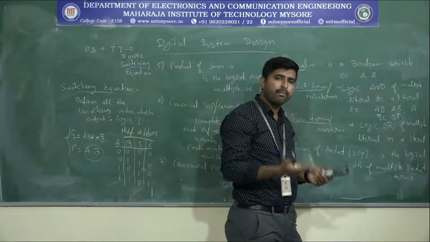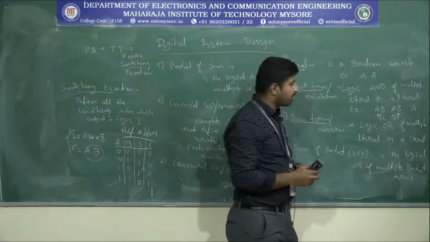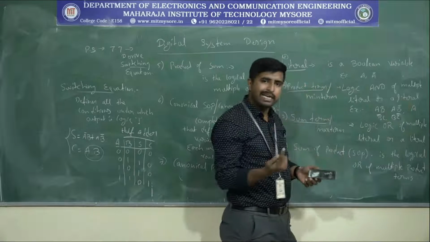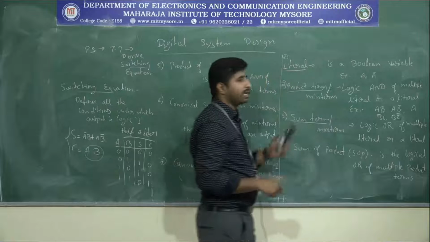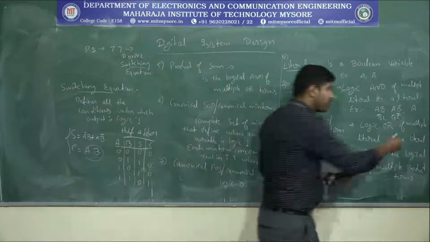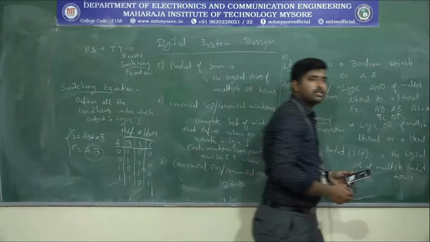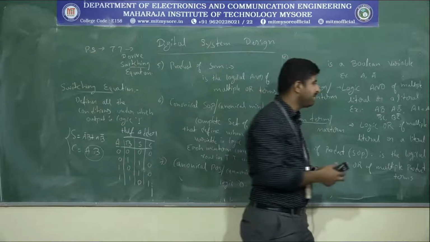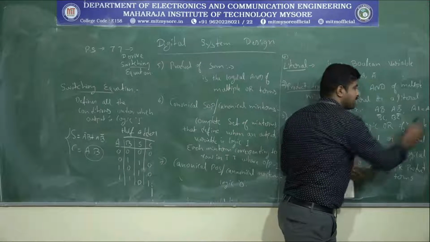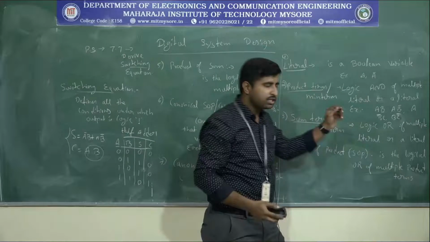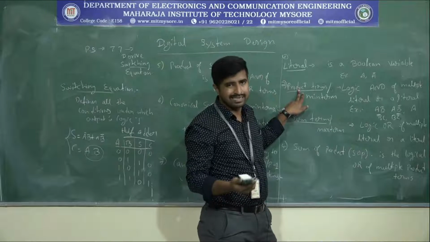It may be in the complement form or the normal form. Even a single literal A can be considered a product term, because A and 1 is equal to A. So A into 1 can simply be represented as A. That's why a literal is also a product term.